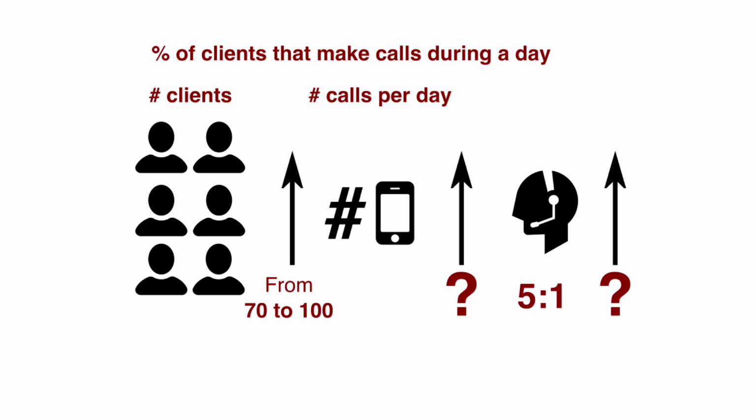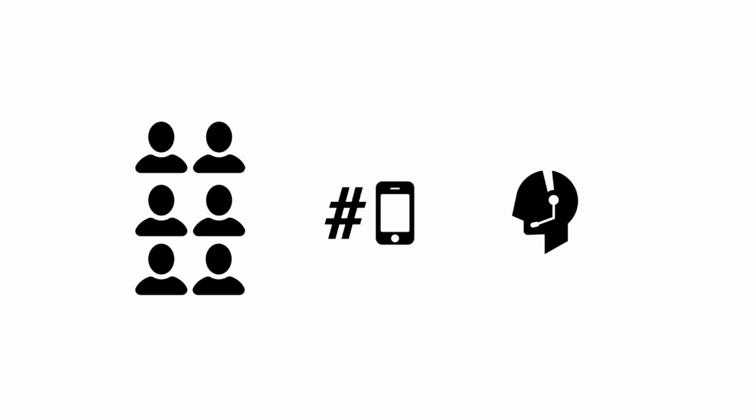Okay, so to make this a little bit more concrete, let's quickly run through a very simple example. Let's assume we looked at our records. We currently have 70 clients, as we said. And over the course of a month, they typically phone in about 35 times. So we get about 35 calls per day out of our client base of about 70 clients.